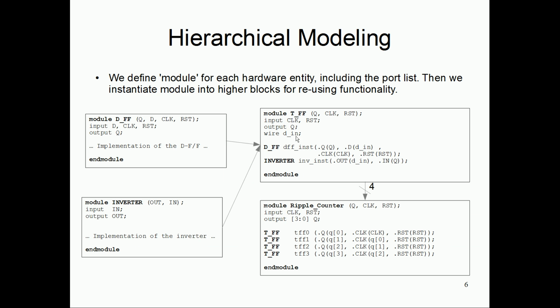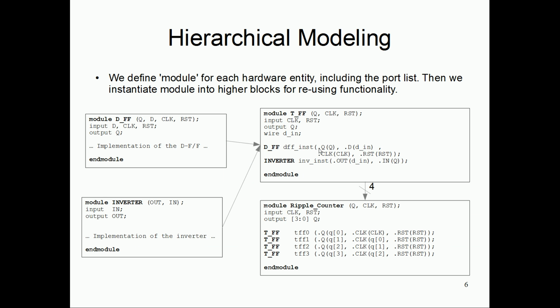Now we're instantiating. So we say what is my entity type, like D flip-flop, then the instance name. It can be anything. We just use dff underscore inst. Then we do some connection with the port list.